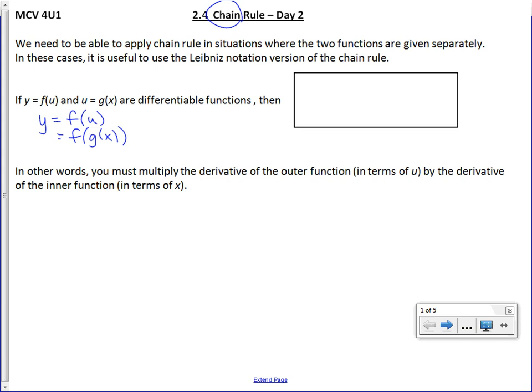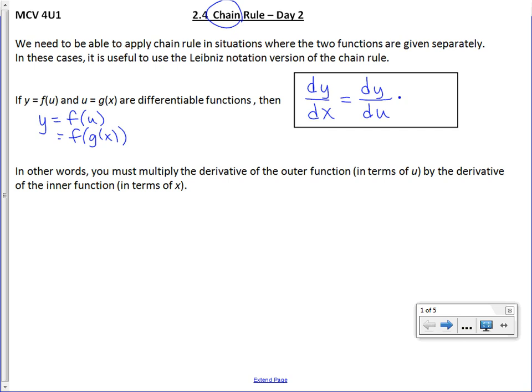So it's Leibniz notation. Remember, how does Leibniz notation work? If I have the function y equals f of u, the derivative of y with respect to u is dy by du.